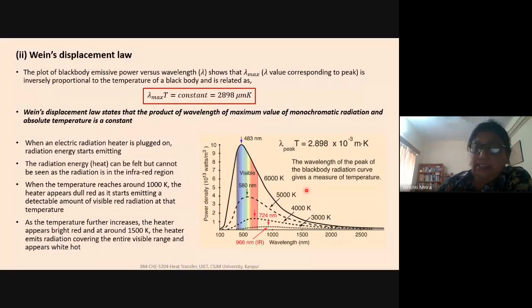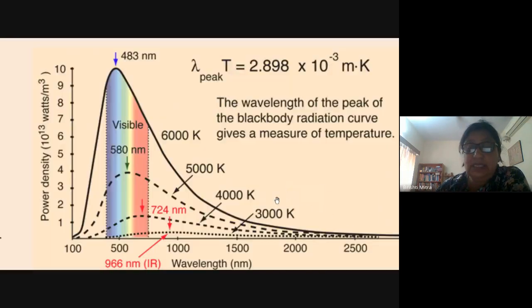Next comes the Wien's displacement law. This Wien's displacement law is based on what we had seen from the Planck's law. From the Planck's law, if I look at this figure, let me just try to increase the size of this. You will see that as the temperature increases, the peak maxima shifts to shorter wavelengths. And that means they are inversely proportional to each other.